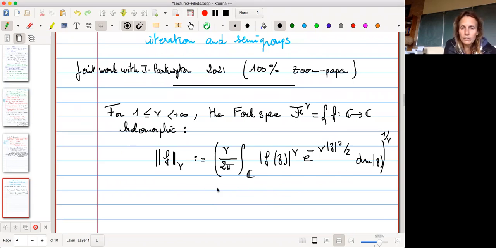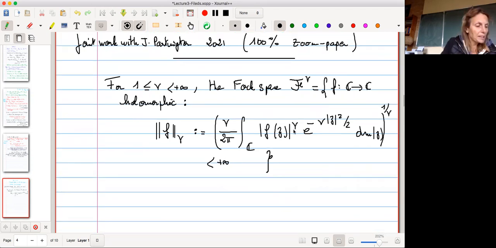Okay, so we have the norm, and this is a Banach space. In fact, we can even say that for nu equal to 2, we have a Hilbert space.